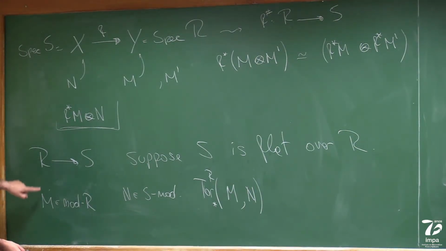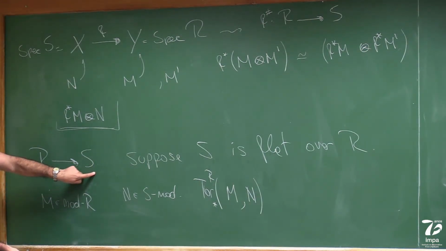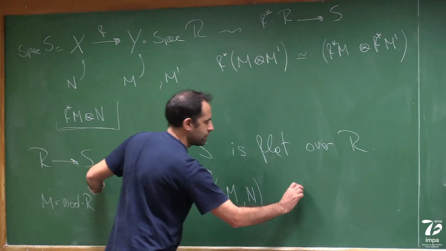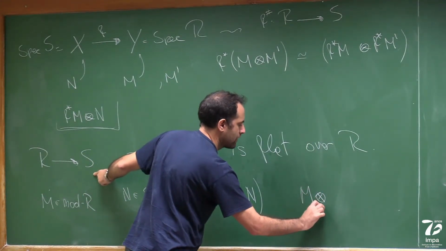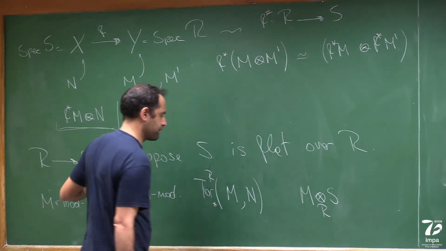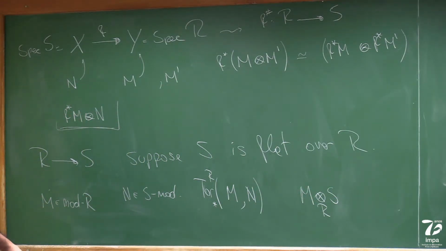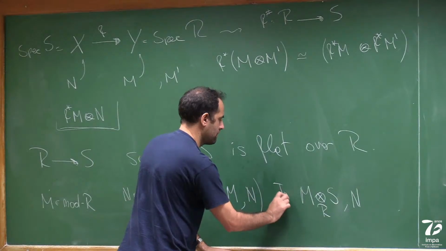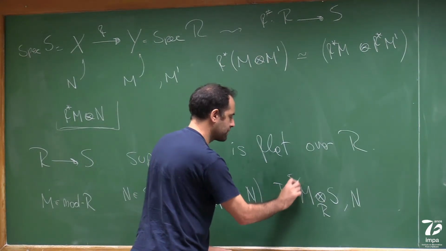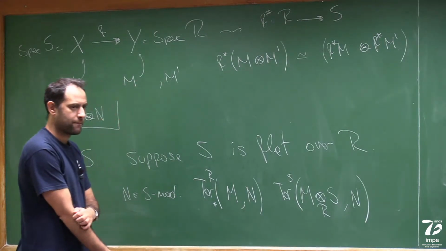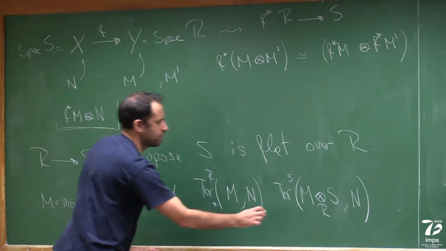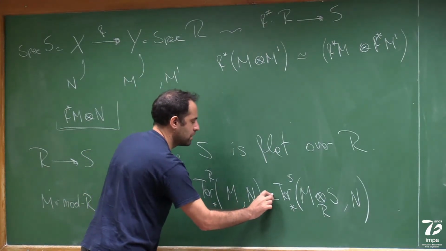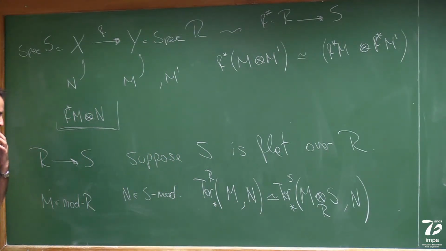The other thing I could do is grab M and view it as an S module by tensoring with S. I could grab M, tensor it over R with S. Now this is an S module. And now I could just take the Tor with N. But now this is the Tor in the category of S modules. Now these are abelian groups, and these two are isomorphic.